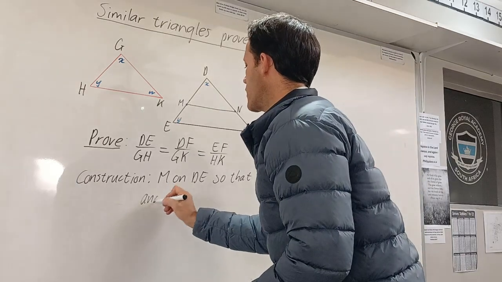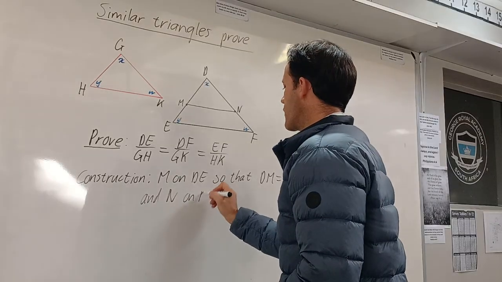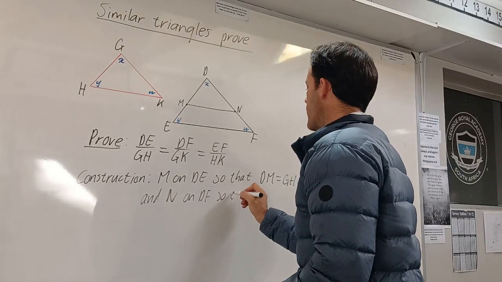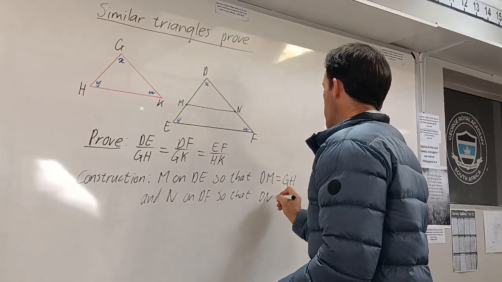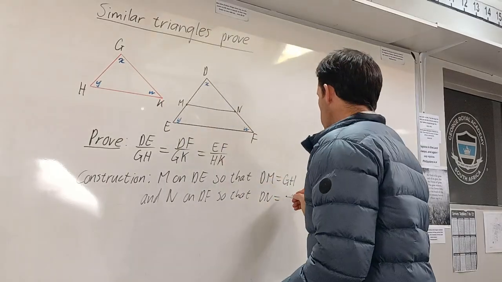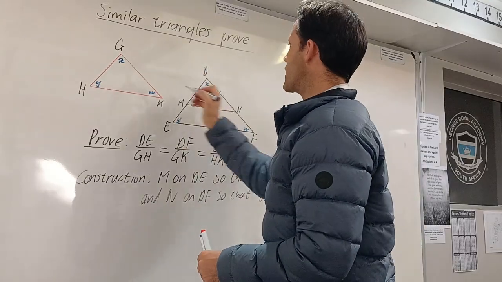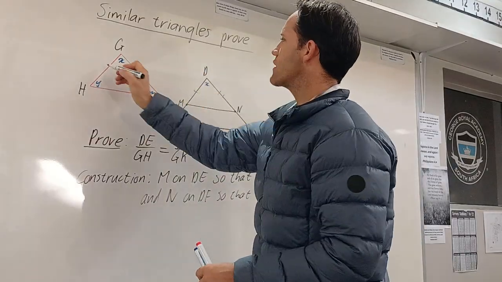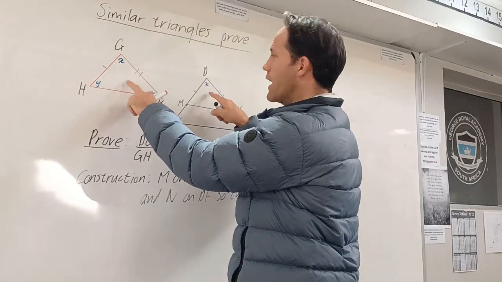And you put N on DF, so that DN is equal to GK. Okay, so that's your construction line. So now this one must be equal to this one, and that side must be equal to that side. So these two triangles, you want them to be congruent. And now you prove it.